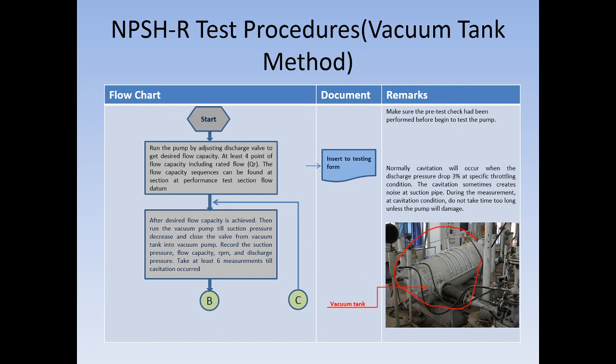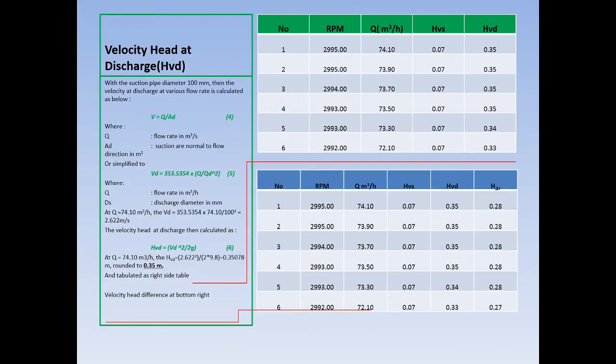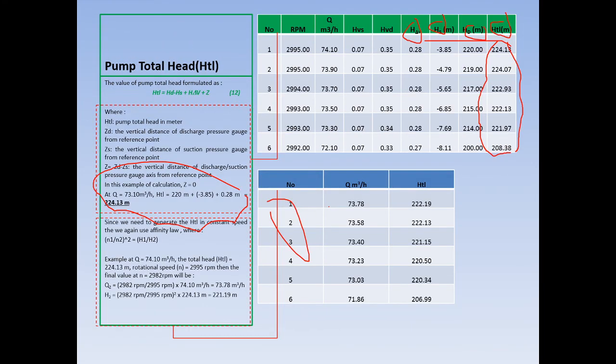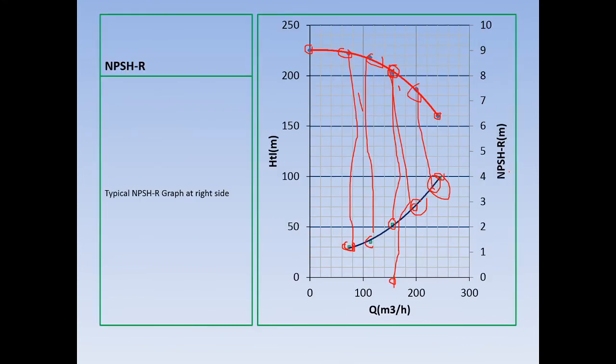At different flow capacities, of course, NPSH required is different, and the relation between them, as I've shown you in the chart, is that NPSH required will increase polynomially if you increase your flow capacity.